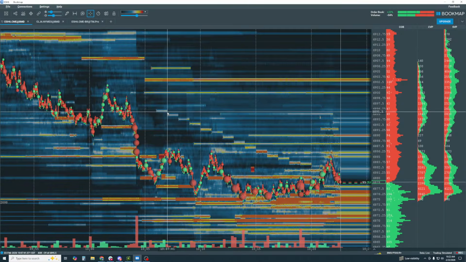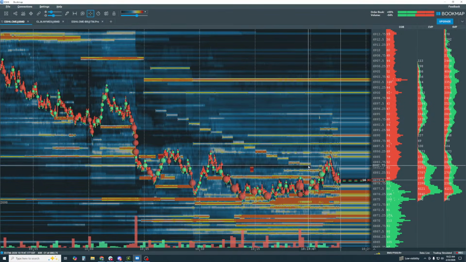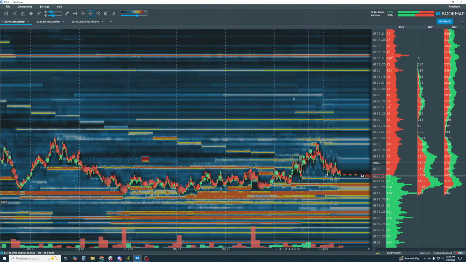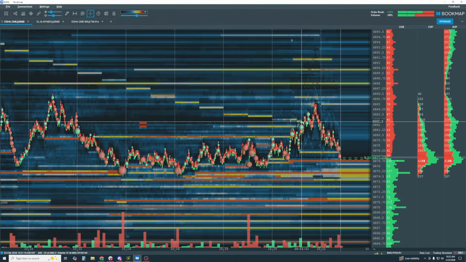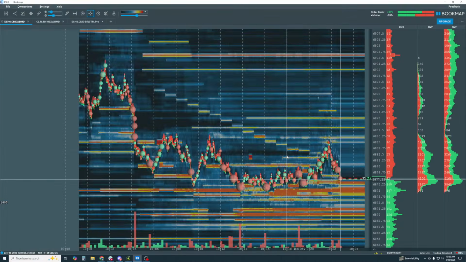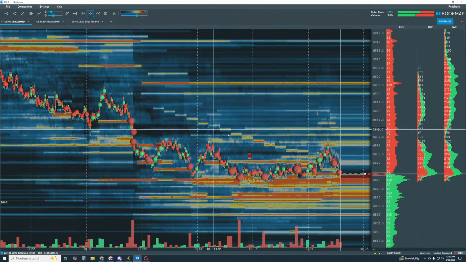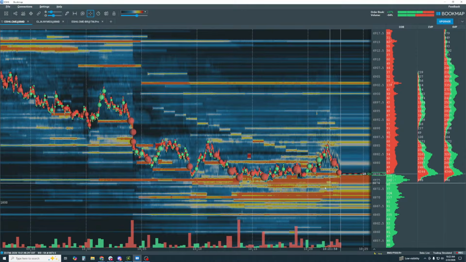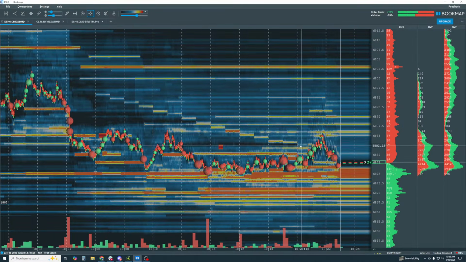Look at the algo activity in here, guys, stepping down, all the way down into here. And it looks like he got filled. So how to read some of this supply that's stepping down like this in the algo is, this is a trader that wants to get filled here.